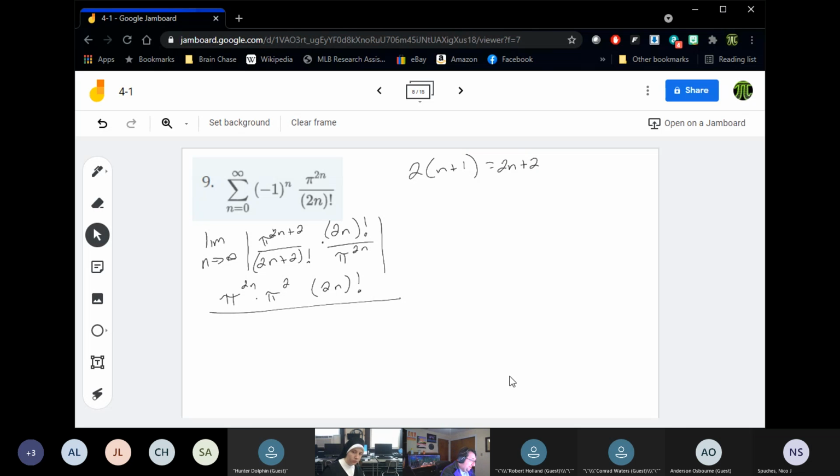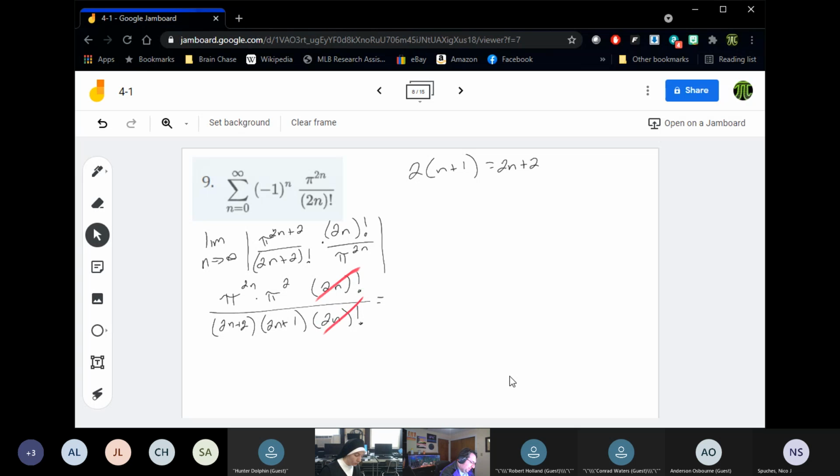And actually, that comes into play down the bottom here too, because I have 2n plus 2. To get down to the 2n, I also have to pull out the 2n plus 1, and then I have the 2n factorial. So my 2n factorials will cancel out.